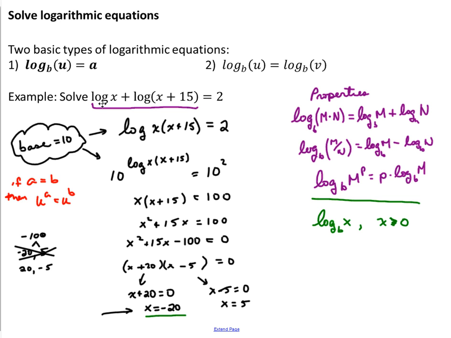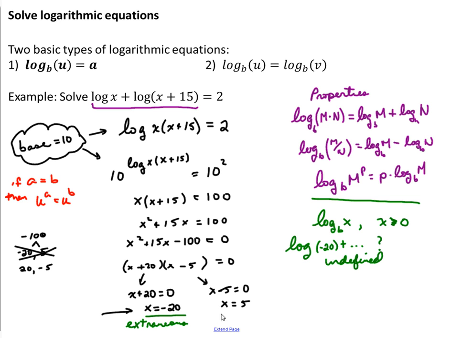Well, no. In our original equation, we would have to be able to take the common logarithm of negative 20 as part of our expression. It's undefined. So what we've just found is that x equals negative 20 is an extraneous solution, because it gives us a value that would not be defined.